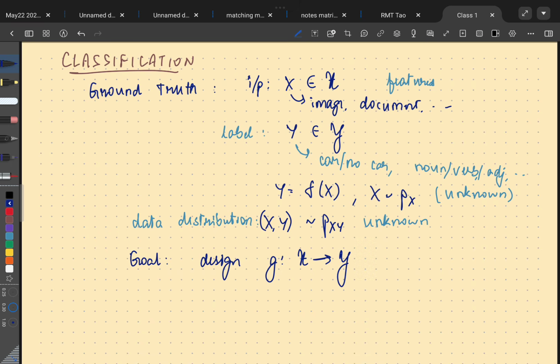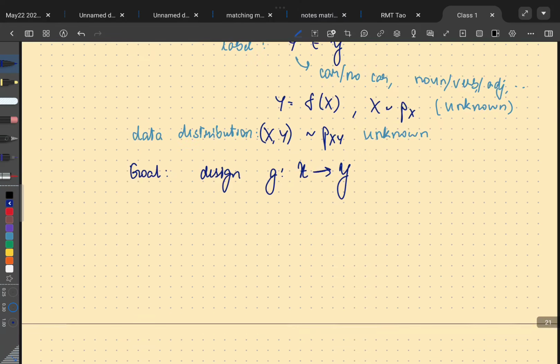Okay, so we'll assume that y is the set of all possible labels. Now, this is known beforehand. And hopefully this g is a good enough approximation for f, or at least performs well over completely random data. I'll make this a little more precise as we go along.